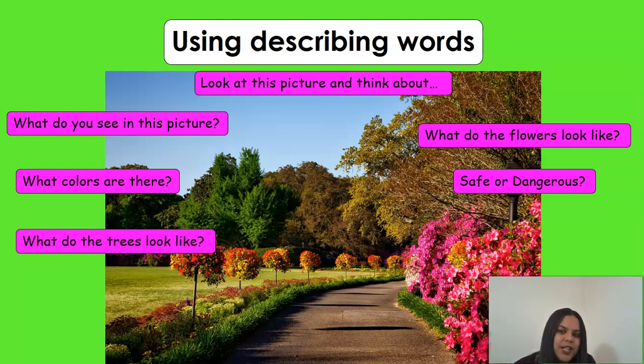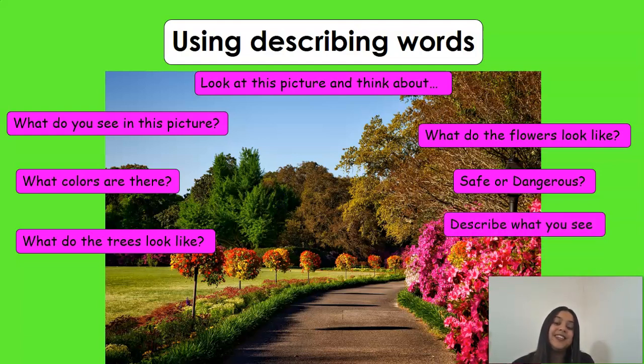What do the trees look like? Describe what you see. So for a moment, I'm going to leave this on your screen and I want you to just take a moment to look at it, think about the questions, write them down if you want to, or just keep them in the back of your mind.